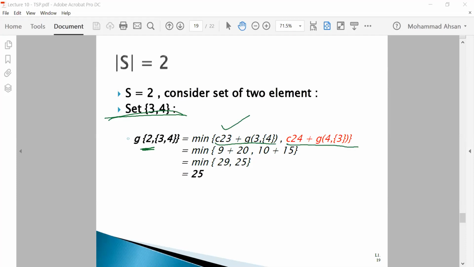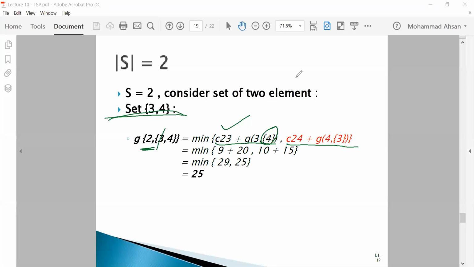If you go to 3, your calculation will be cost of going from 2 to 3, which is what I have ticked, and the cost of going from 3 to the rest of the intermediate vertices, which is what is left once you are visiting 3, you're left with 4. So you're left with the subproblem G34.